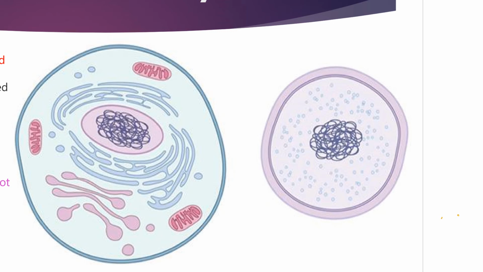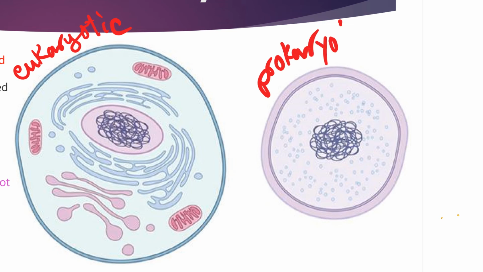On the left side, we have a eukaryotic cell. On the right side, we have a prokaryotic cell. The differences between these two types of cells are numerous.